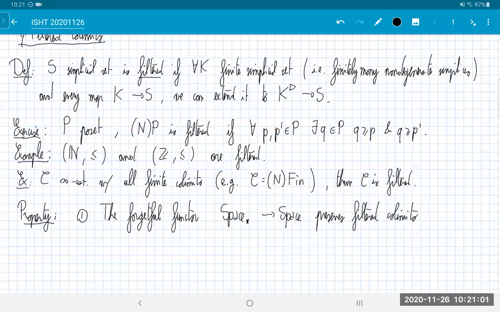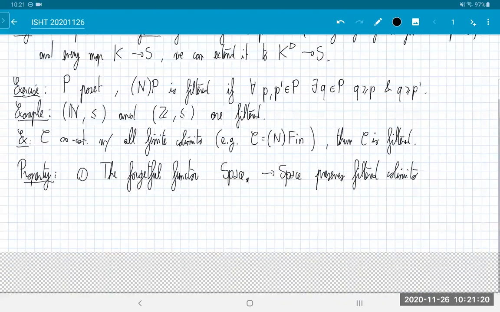This is not true for all colimits. For example, the coproducts, as you know, are given by the wedge in pointed spaces and the disjoint union in spaces, so they're not preserved. The wedge is not the coproduct in spaces, but it is true for filtered colimits.